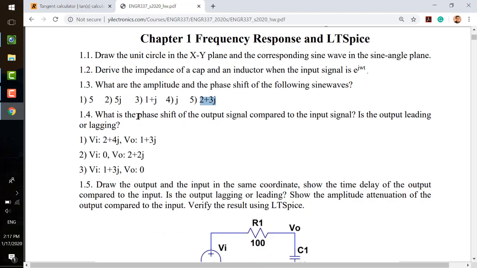Next, phase shift compares output to the input. Leading or lagging? Can't tell that. So when you use the phase of the V out minus the phase of the V in, if you get a negative number, is that lagging or leading? Lagging. So the first one is pretty standard. What about the second one? 0.